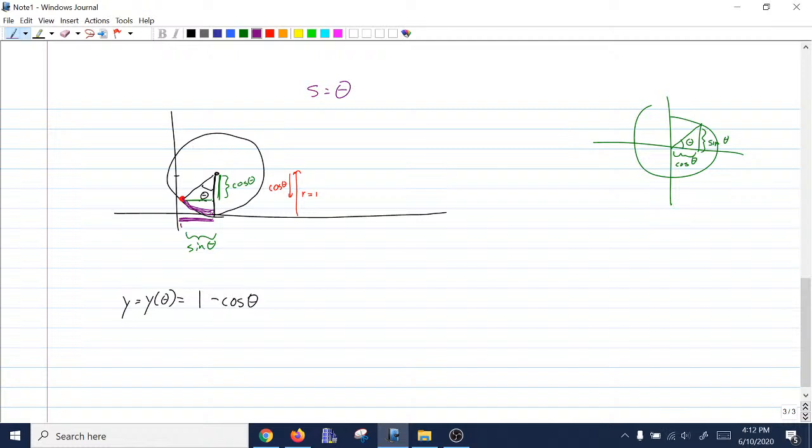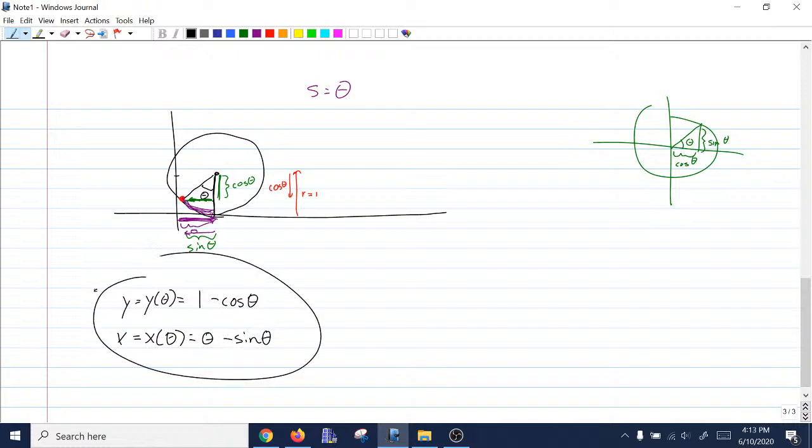So this distance is theta, goes from 0 to the center of the circle, and then this green segment is sine theta, going backwards, the opposite direction. So our x-coordinate as a function of theta is going to be theta minus sine theta. And this is the graph of a cycloid.